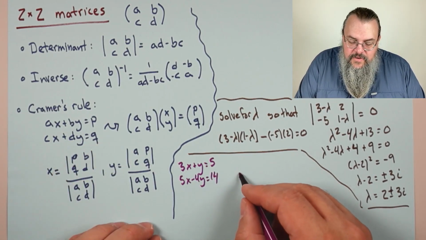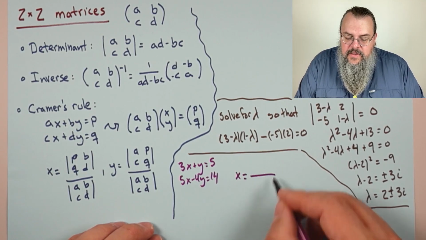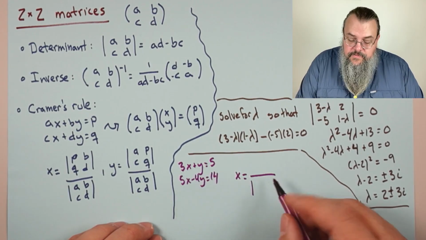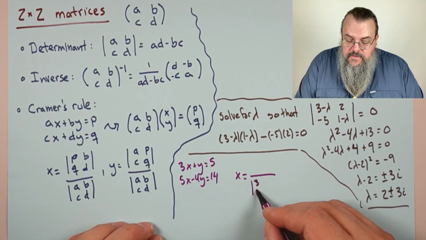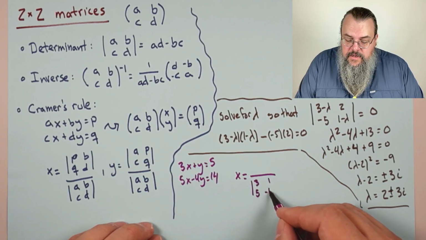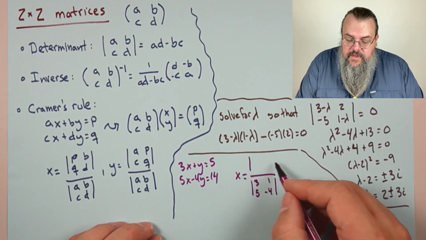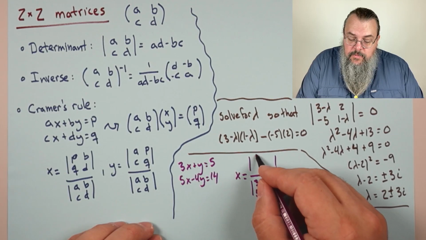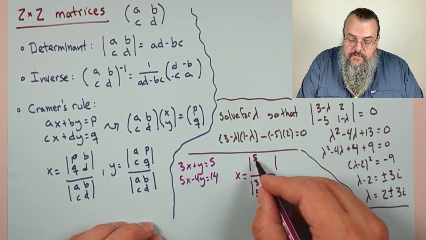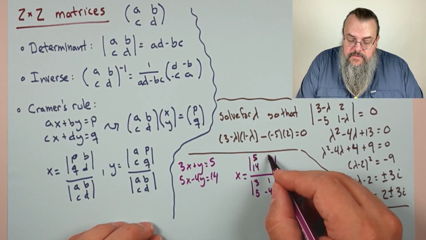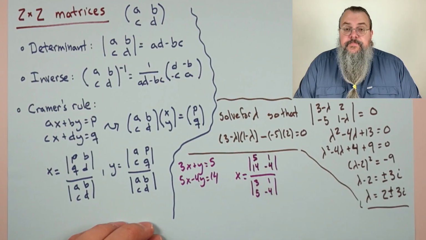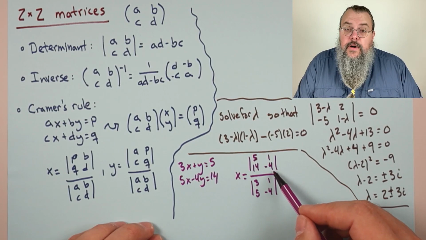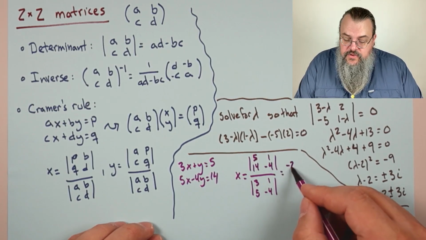So what does Cramer's rule say? Well, the downstairs is a determinant where it's the coefficients. So it's 3, 5, 1, negative 4. The upstairs, since we're solving for x, we're going to replace the x coefficients by the terms on the right, 5 and 14. The y coefficients remain the same. So what do we get? Well, we have 5 times negative 4 is minus 20.